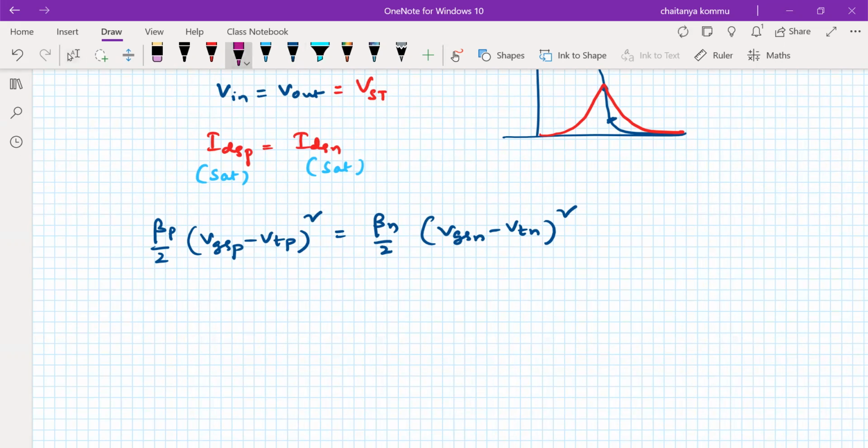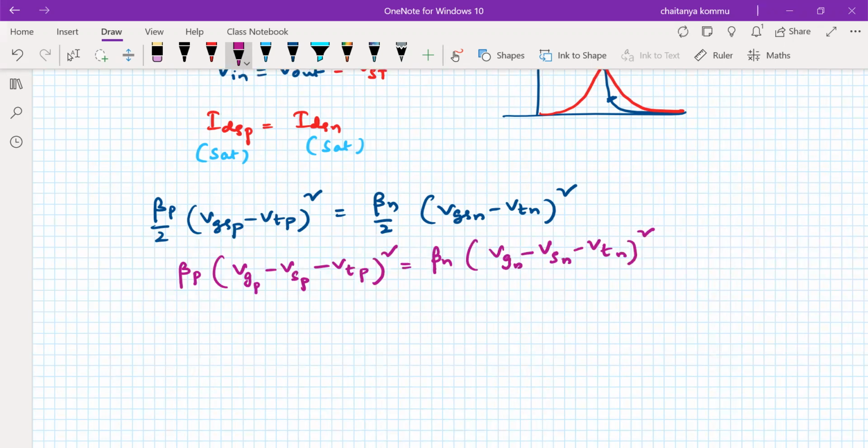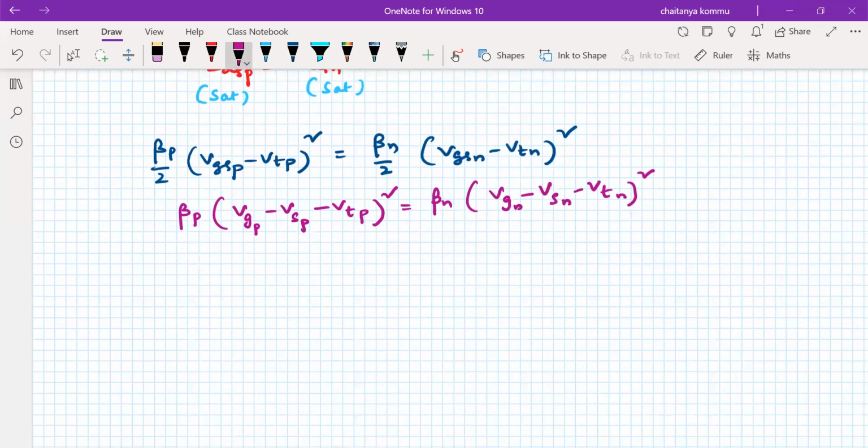So how do we measure this then? The divided-by-2 terms will get cancelled. I can say beta P into (VG of PMOS transistor minus VS of PMOS transistor minus VTP) whole square is equal to beta N into (VG of NMOS transistor minus VS of NMOS transistor minus VTN). Now what is the VG of PMOS here? The gate voltage of the PMOS transistor is Vin only.